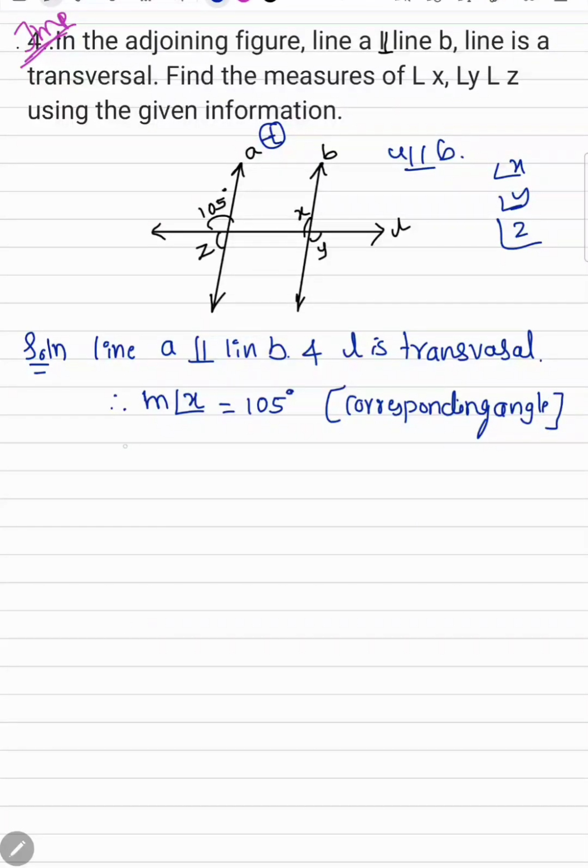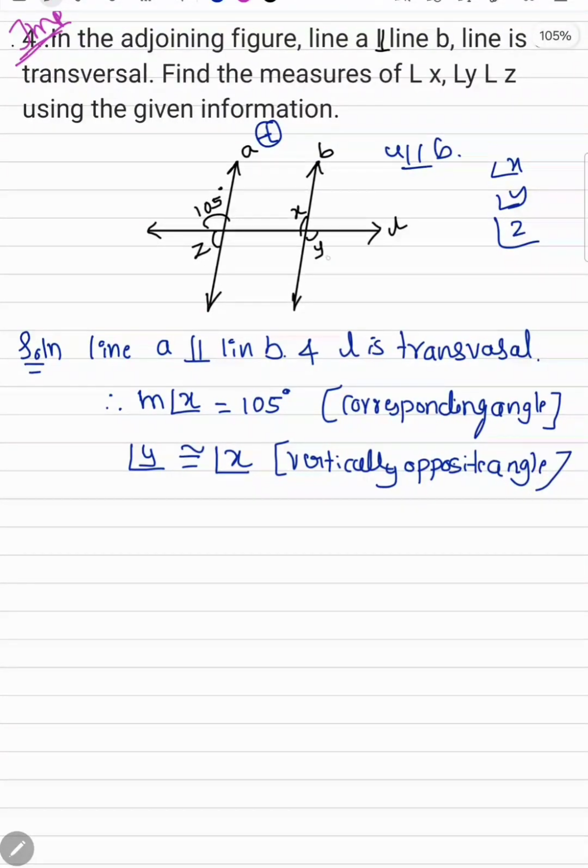Here, angle Y is congruent to angle S. X and Y are vertically opposite angles. Vertically opposite means angle Y's opposite angle is which one?